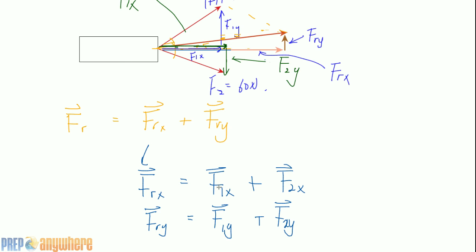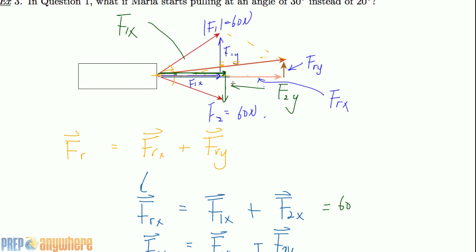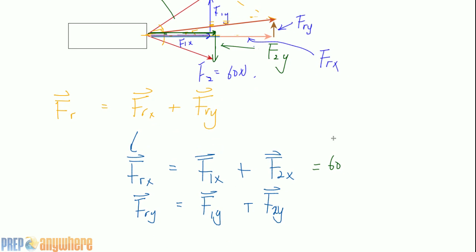Okay, so F1x is 60 newtons times this angle that's to the horizontal, cosine of 30, and also another cosine of 20 degrees.